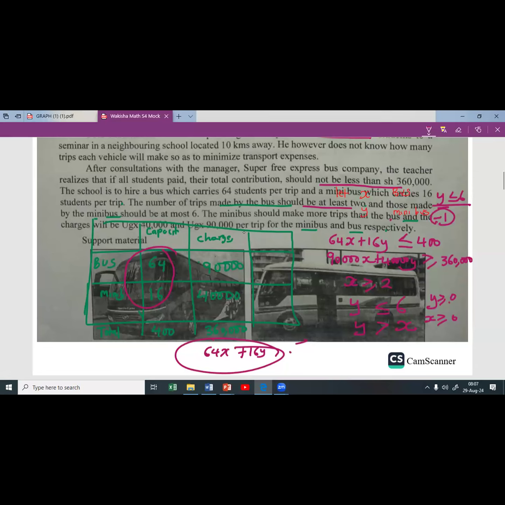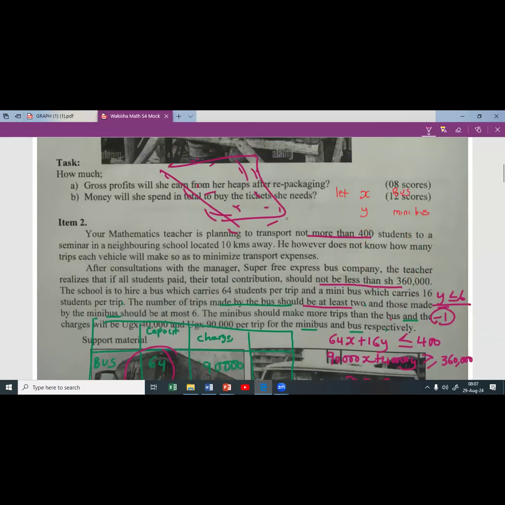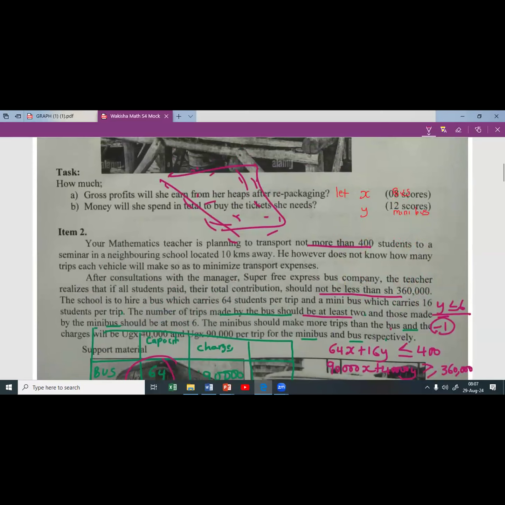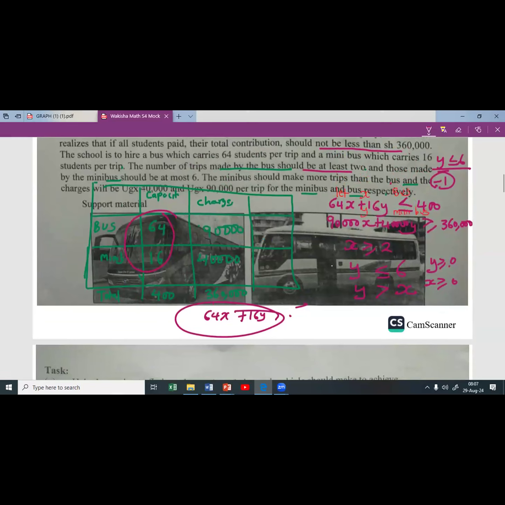Then you find out which option gives you the highest number of students that the teacher can take. Remember, they have told you they shouldn't be more than 400. So look out for the possible combinations and fill them here, because this is the equation that is going to give you the maximum number of students, because this one takes 64, this one takes 16 children.